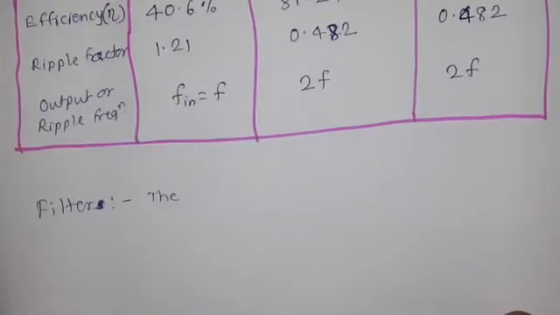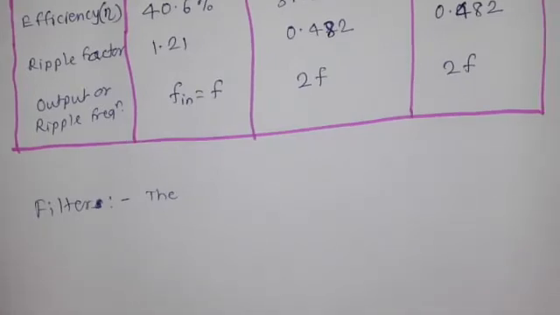A filter is a circuit used to get the required component while the unwanted component is eliminated. In the case of a rectifier along with a filter, we have to convert the pulsating DC output into pure DC, or minimize the ripple content.